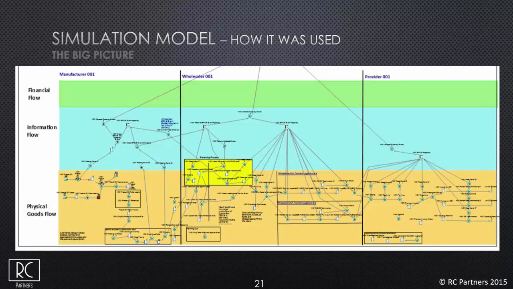They'll lock the container, and they'll ship it to the provider or the hospital. In this particular simulation, we also took those totes, we opened them, we put the bottles into inventory, and eventually they made their way down to a patient, either in a bed or an outpatient facility. So that simulates the flow of the product within the U.S. supply chain, how each of those entities treats the product.